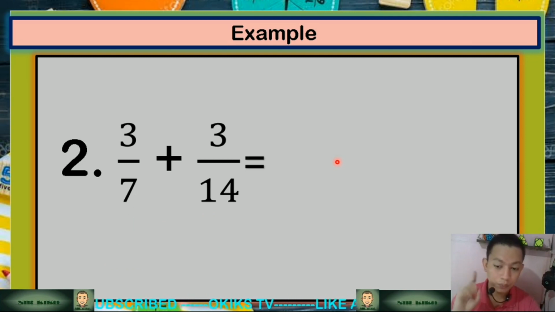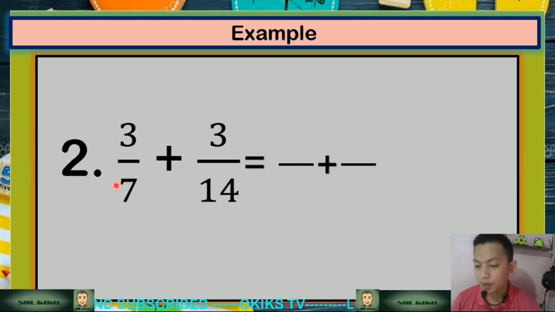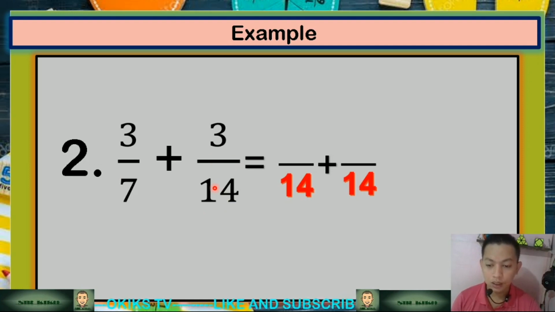You're going to find first the LCD of these two fractions. The LCD of 7 and 14 is 14, because 7, then 14. So the least common multiple of 7 and 14 is 14.